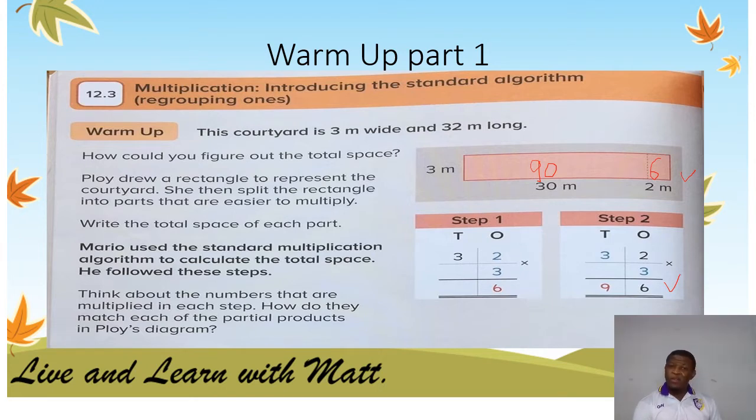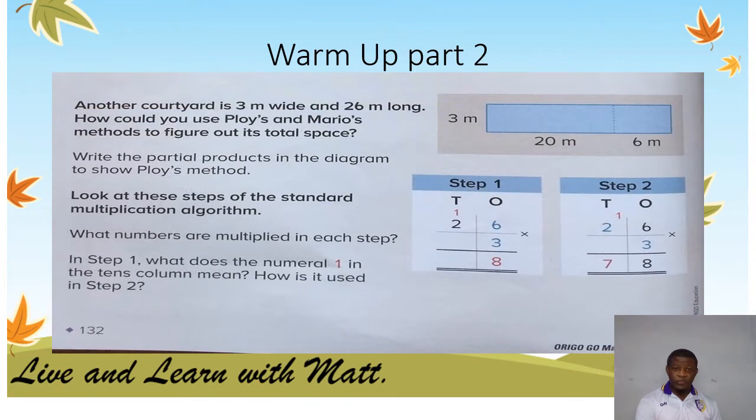Now let's take a look at some workout. Now before we continue, let's take a look at the warm-up part 2. Another courtyard is 3 meters wide and 26 meters long. How could you use Ploy's and Mario's method to figure out its total space?